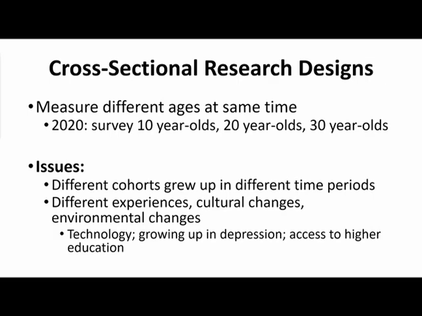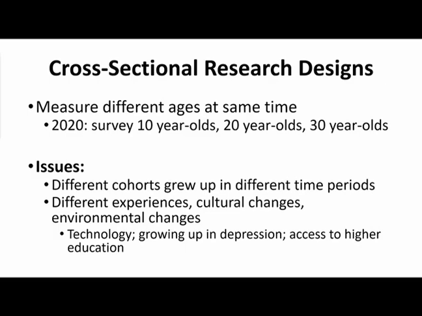And the major issues that we care about are the fact that your different cohorts, and here in this developmental psychology field, cohort just refers to the fact that some people are born at the same time and all grow up together. So all of our 10-year-olds this year, they form a cohort that was born in 2010. So we would talk about them as a single cohort.